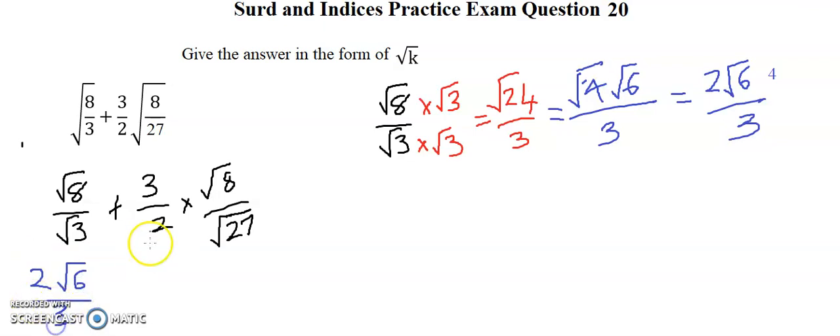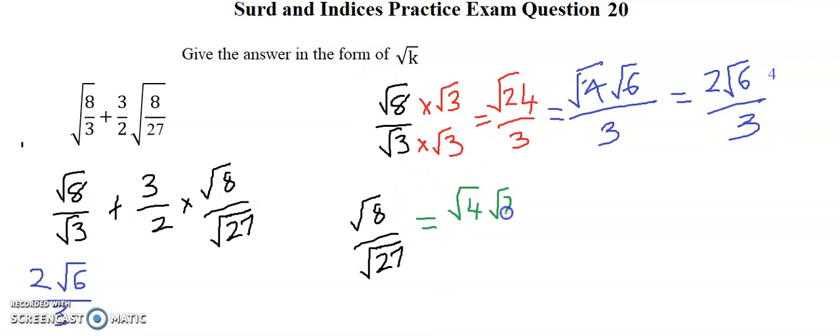Okay, and let's look at the second part now. So the second part is that we need to look at our square root of 8 and square root of 27. The same thing applies here: we need to make sure that we are looking at the square factors of 8, and 4 is a factor. So I can rewrite that as square root of 4 times square root of 2. Same with my denominator.